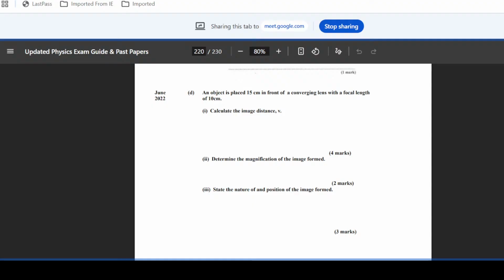All right. The next question is to determine the magnification of the image formed. Remember how we calculate magnification?